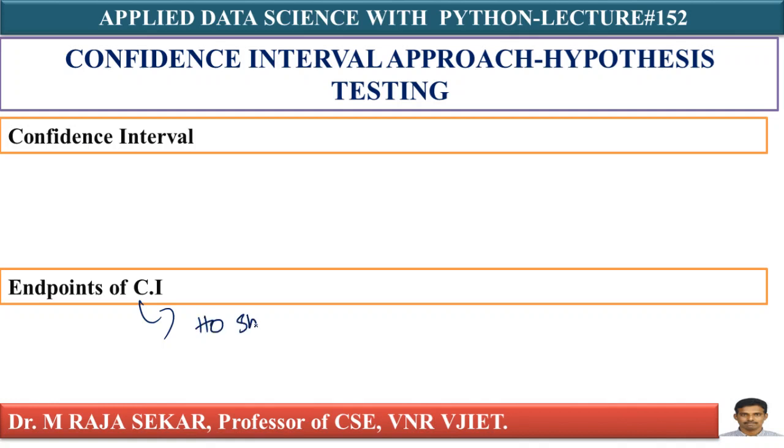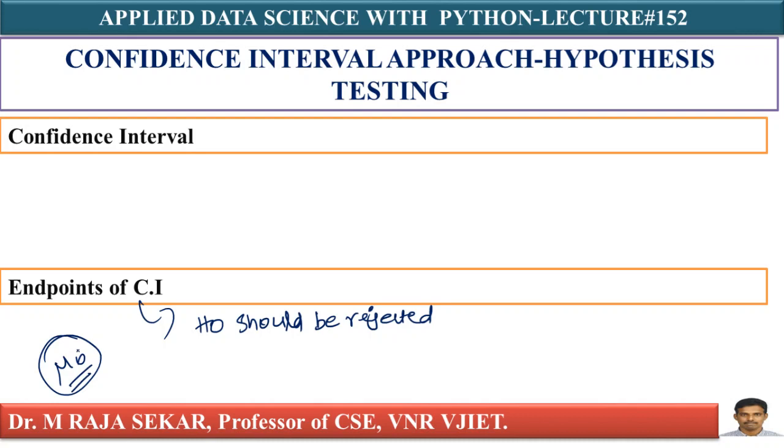H naught should be rejected if mu naught happens to be equal to one of the endpoints of the confidence interval. If your mu naught coincides with any one of the endpoints of the confidence interval, I can say H naught is rejected.